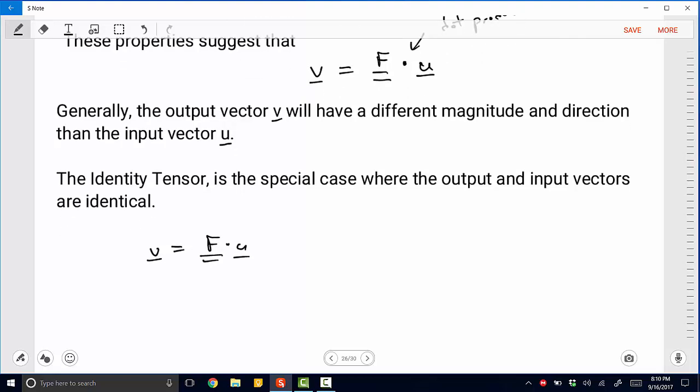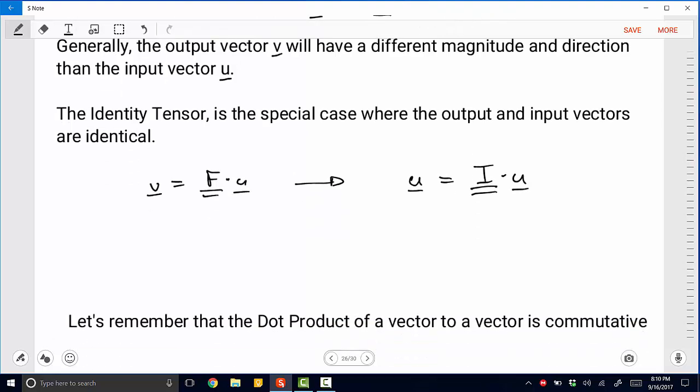If they are identical, then we arrive at a tensor, capital I, where that tensor I is the identity tensor, such that that dot product operation produces the exact same vector.